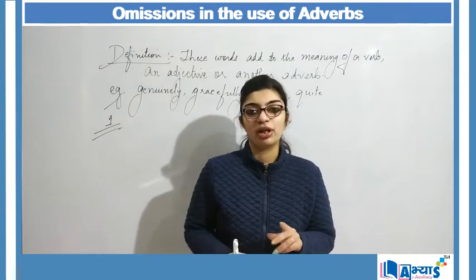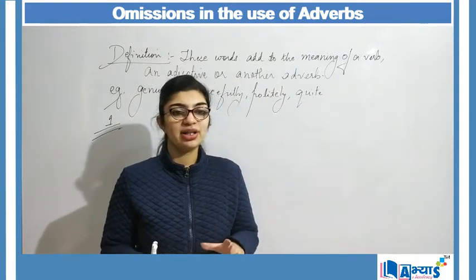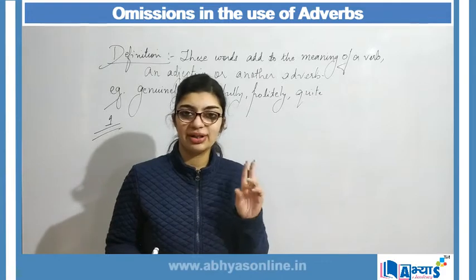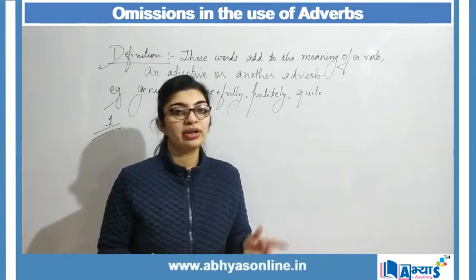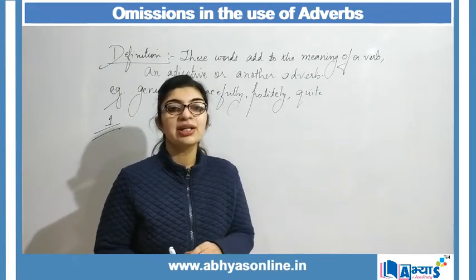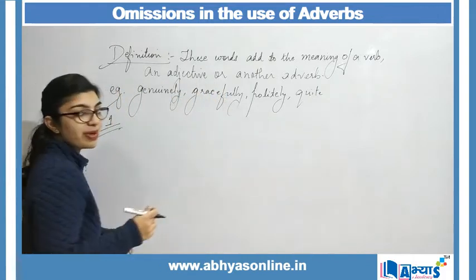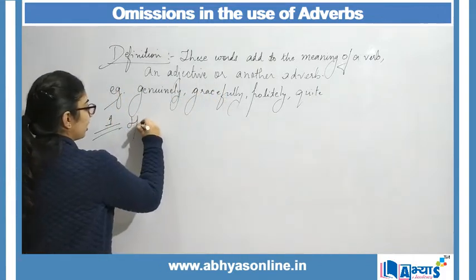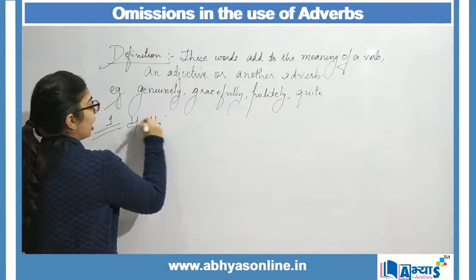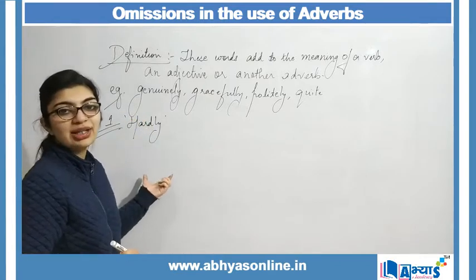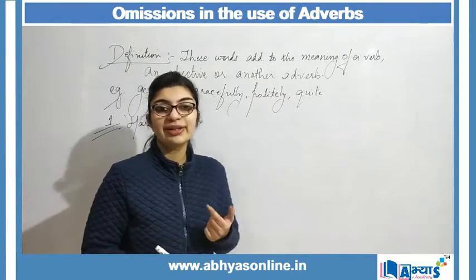For example, the first area where people might make mistakes is when the words are used in pair. For example, neither nor. They are used in pair. Either or. Even these words are used in pair. Similarly, whenever we are making use of the word hardly, along with hardly, there will be a conjunction than.